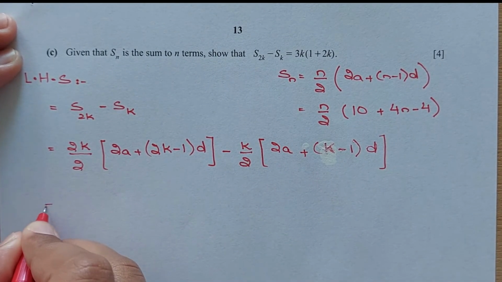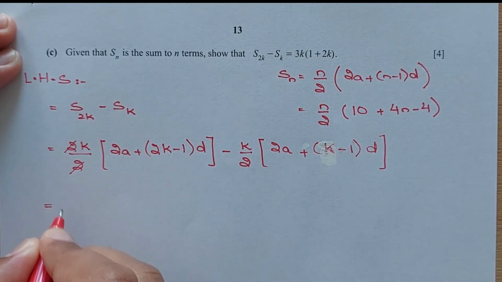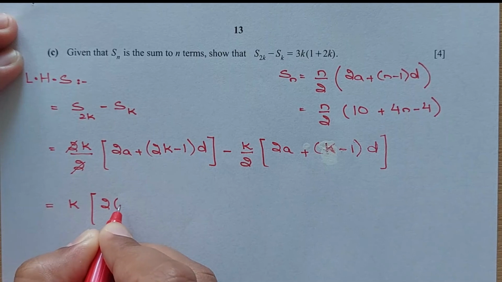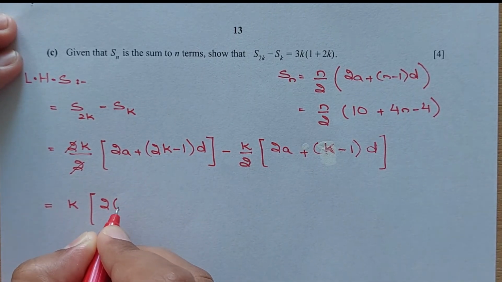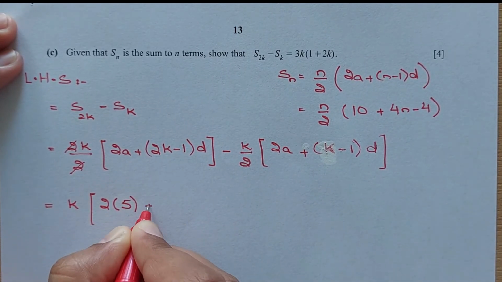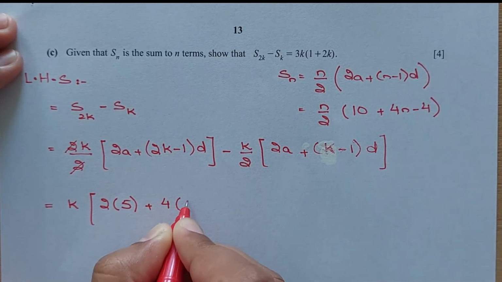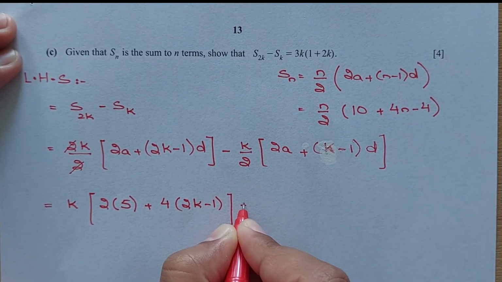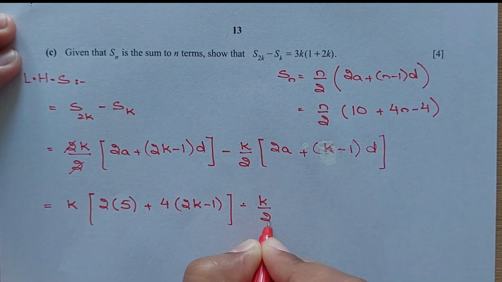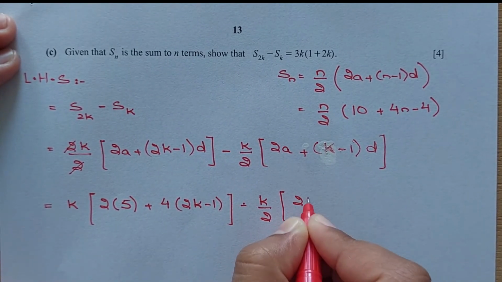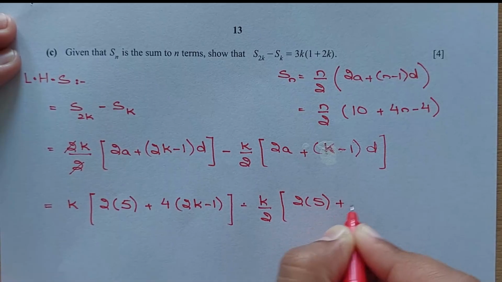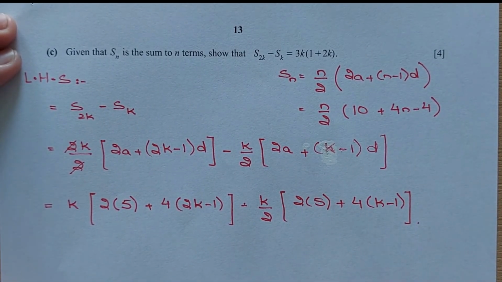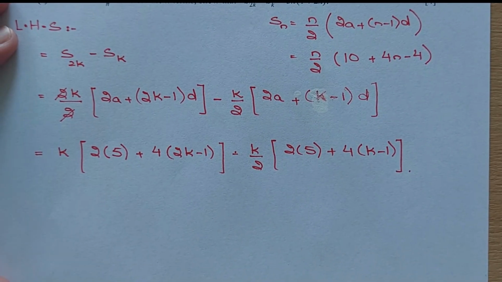Okay, so 2 is cancelled with 2. We have k. 2 times the a value is 5, plus 4 is the d value, 2k minus 1, minus k by 2, 2 times the a value, plus 4 times k minus 1. Right, let me simplify this further.